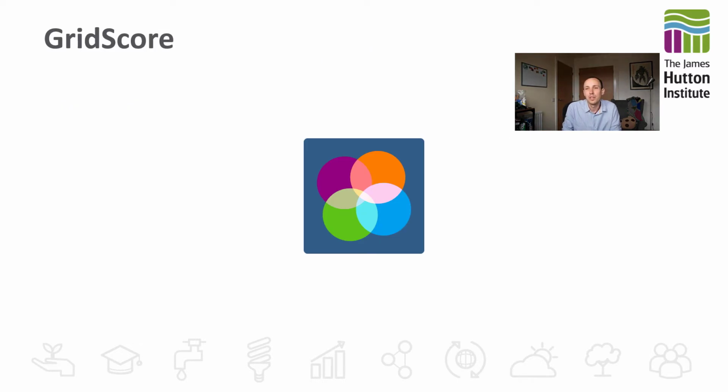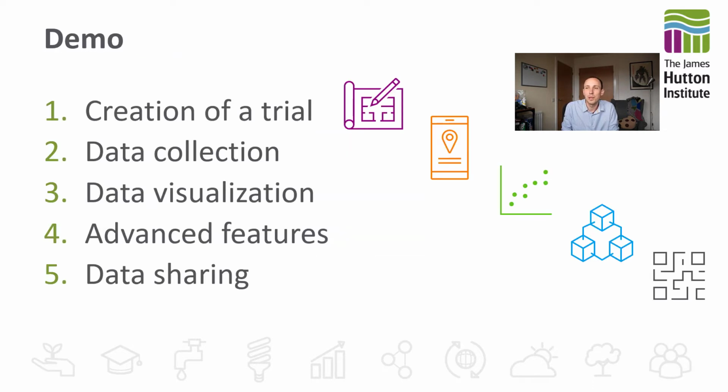Taking all these requirements into consideration and also learning from existing phenotyping apps, we developed a new tool called GridScore. For the next part of the presentation, I will switch between the PowerPoint slides and a live demonstration of GridScore. I will run through the following steps, starting with the creation of a trial, which is obviously an essential step, and it will be the first thing most people will do when they use GridScore.